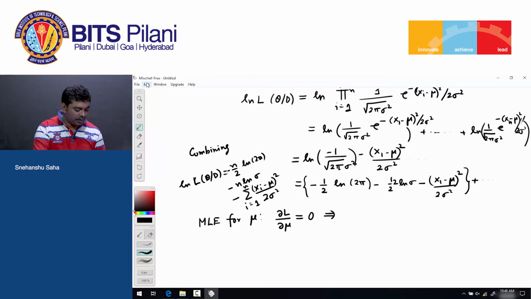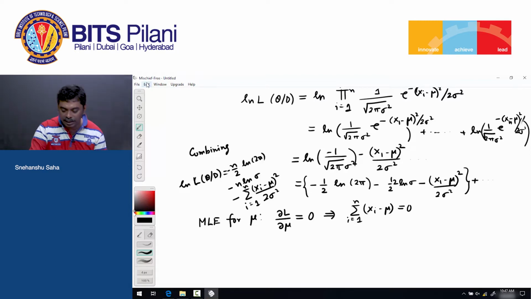Okay. So in other words, it's easy to see that the first two terms will go away, and the 2 and 2 cancel out, and then you have 2 times (xi minus mu), sum of all that. So this is going to be summation i equal to 1 to n of (xi minus mu) equal to 0.